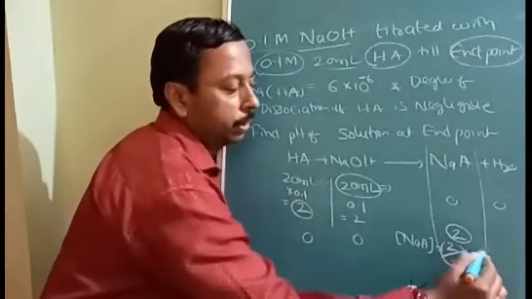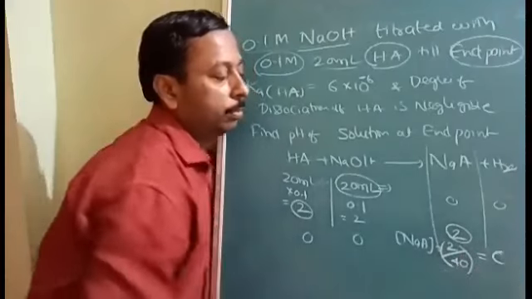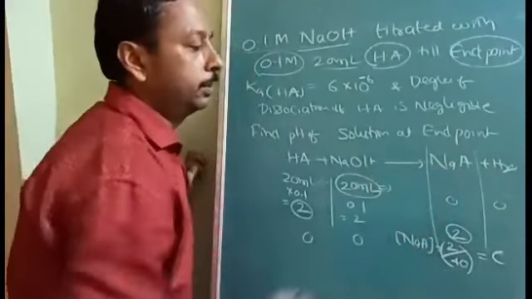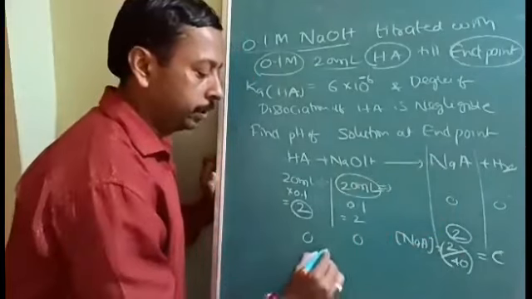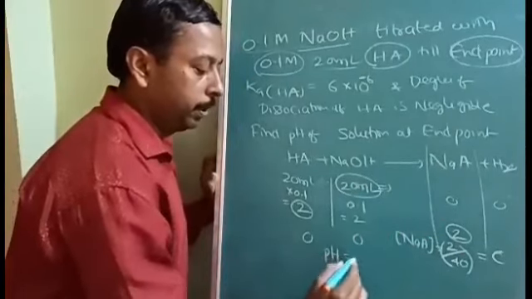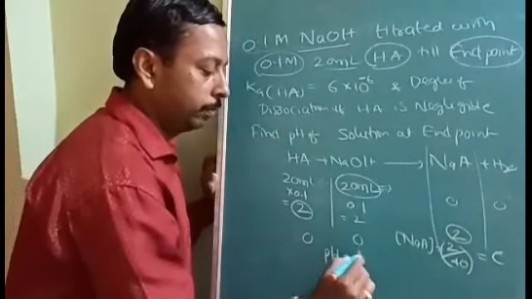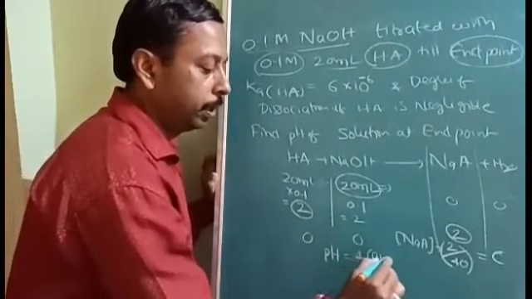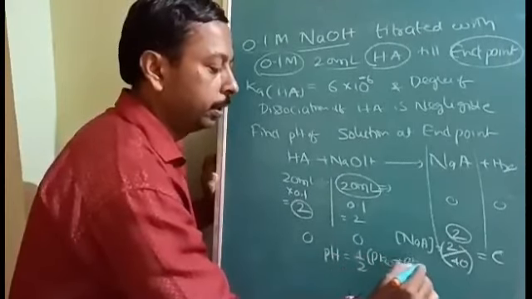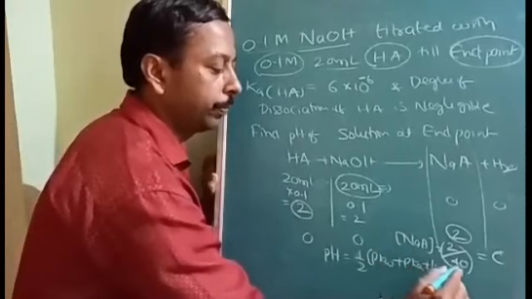So with this, you are going to get C in the formula. Now, as it is a salt of weak acid and strong base, the formula is going to be pH is equal to 1 by 2 pKw plus pKa plus log C, plus what?